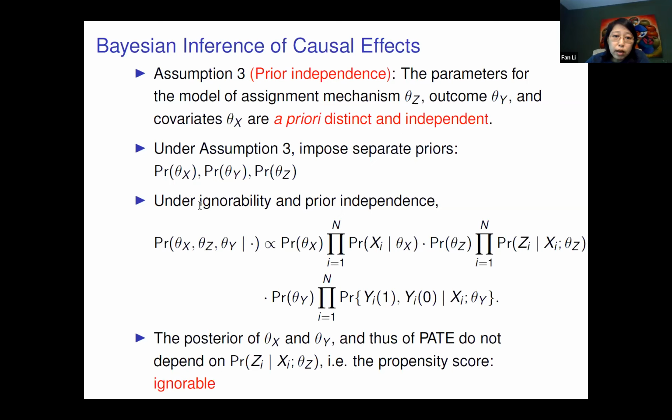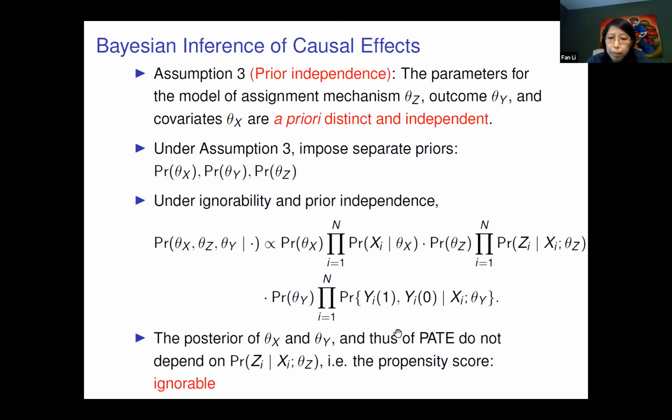So let's look at this under ignorability and prior independence. Remember, earlier we already factorized our likelihood. Now it just looks like this. This looks pretty complicated, but the key thing is, let's look at this again. This is just the previous factorization. Now I'm adding the prior distributions, right?